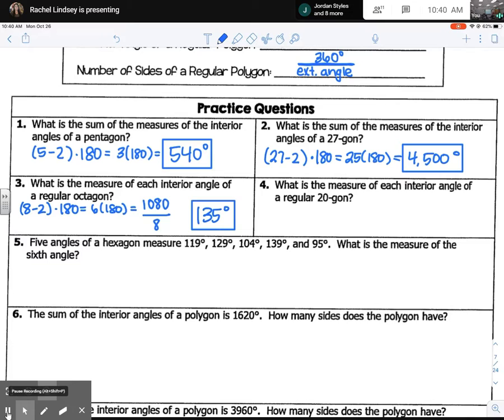So then it wants the measure of each interior angle of a regular 20-gon. So we're going to do the same thing. 20 minus 2 times 180, which is 18 times 180.